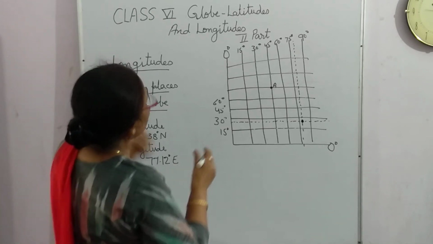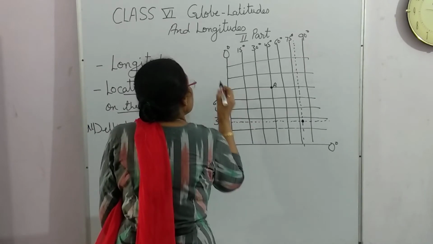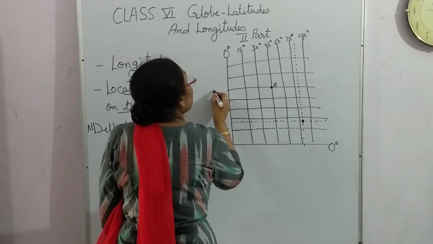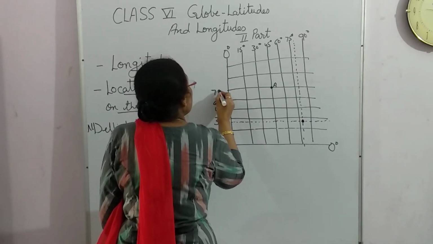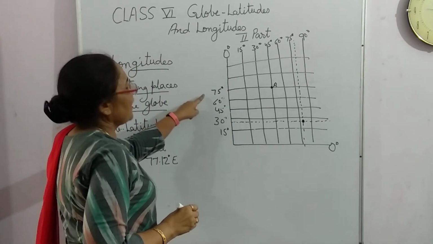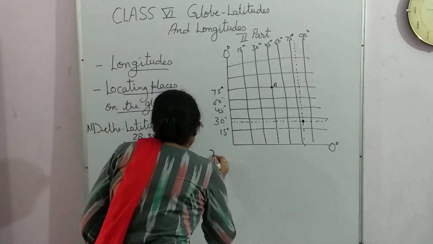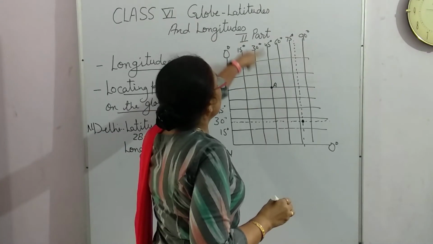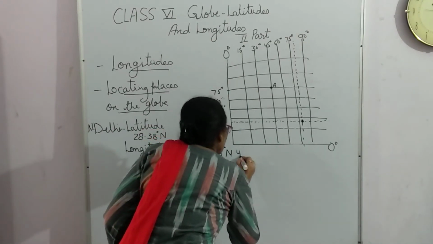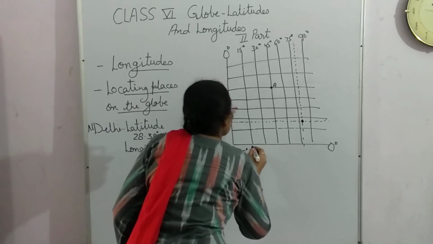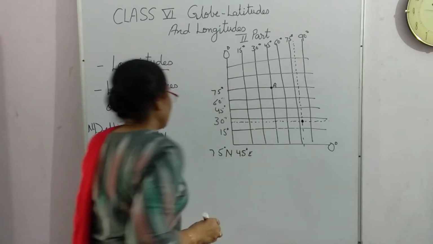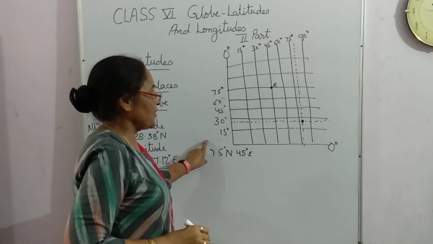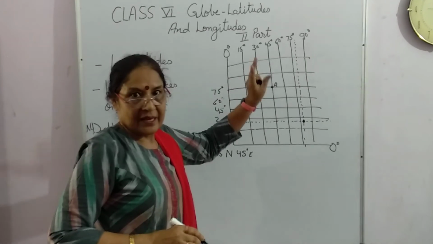The latitude is 75 degrees north and the longitude is 45 degrees east. Yes. So this is the location of place A.